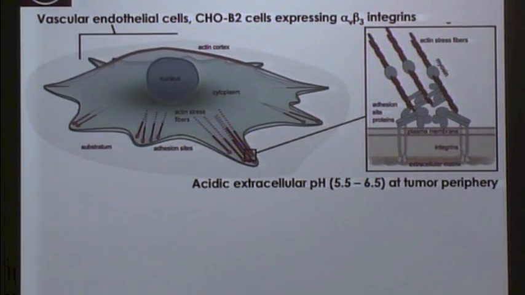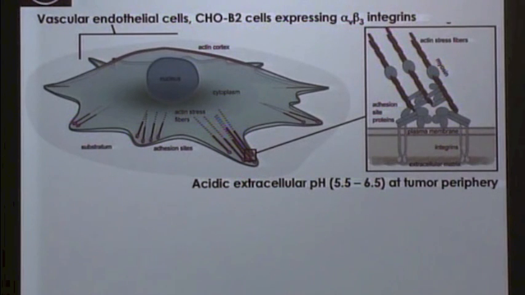So it's known that vascular endothelial cells, as well as particular engineered cells we showed, express an integrin known as alpha V beta 3, among others. It's also further known from the literature that the extracellular environment of a primary tumor is acidic, with measurements as low as 5.4 to 7.0, right at the tumor periphery.